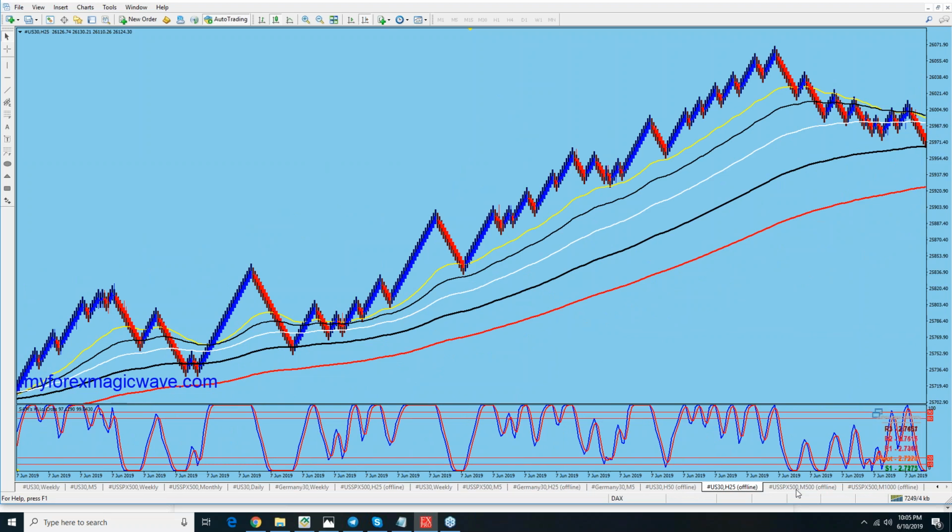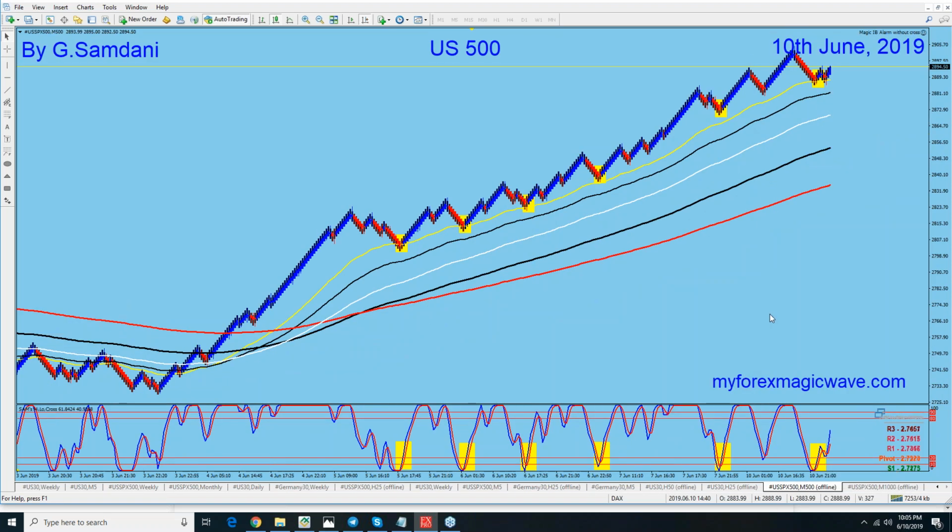So this is US 30, and then US 500 is just like this. S&P 500, right? A beautiful entry. This is June 5th, June 6th, and then June 7th on Friday, and after that June 10th.